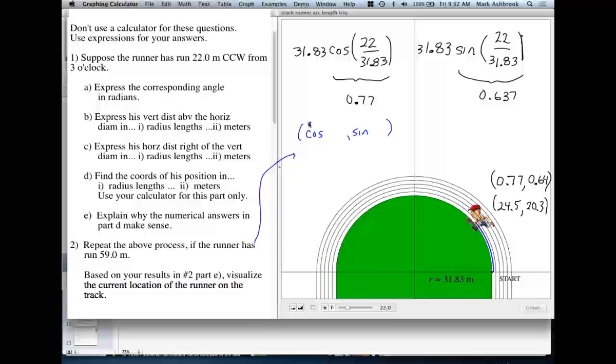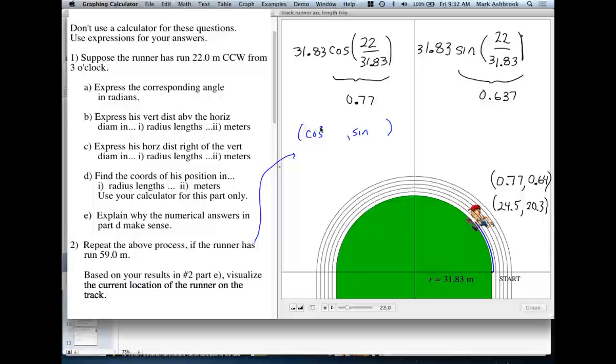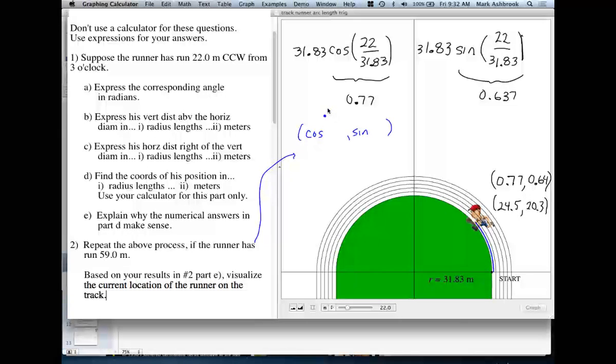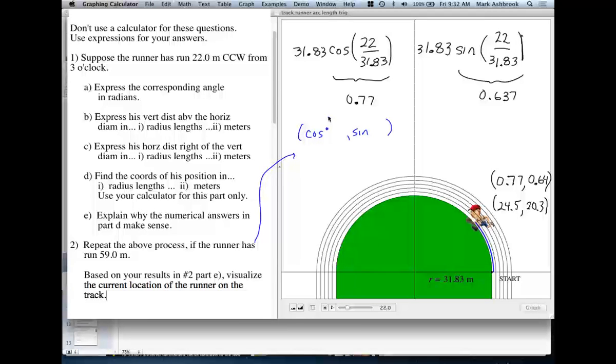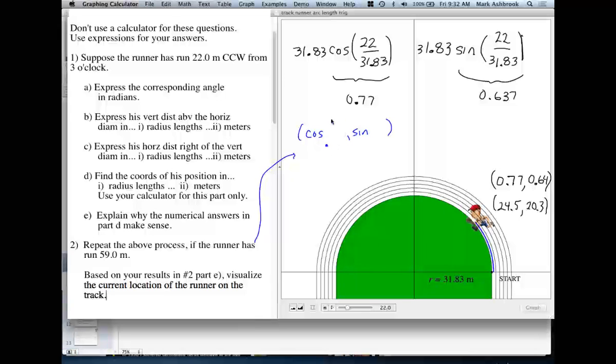What do we think? So the angle, what is the meaning of the angle? It's how many radius lengths he's run. You take the total arc length, divide it by the radius. It gives you how many radius lengths he's run, and that's the same as our openness in radians.